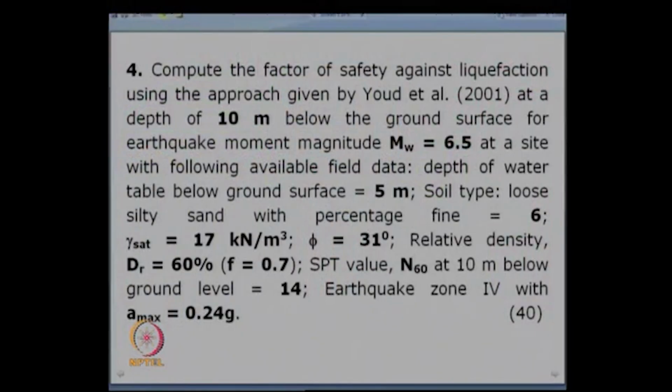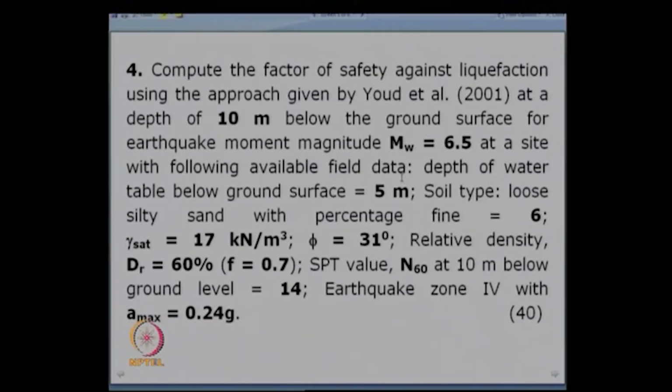Question number 4 is asking: compute the factor of safety against liquefaction using the approach given by Wood et al. 2001, the paper which we have discussed thoroughly in our course curriculum of this soil dynamics course, at a depth of 10 meter below the ground surface for earthquake moment magnitude MW equals 6.5 at a site with the following available field data.